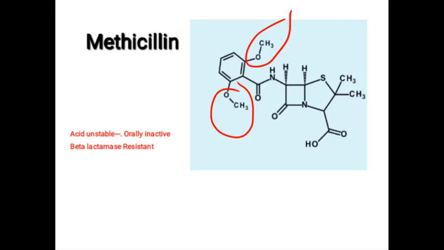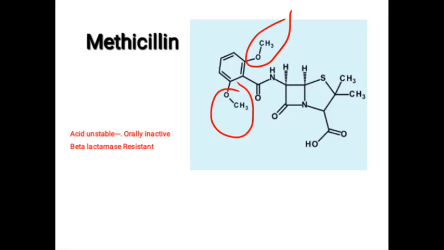The bulk group should not be too big or too small, but should be large enough to escape the beta-lactamase, but sufficiently small to allow the penicillin to bind to its target. That's it.